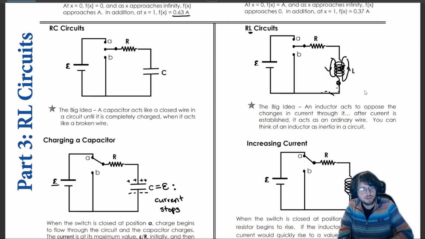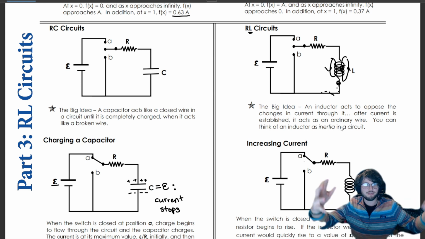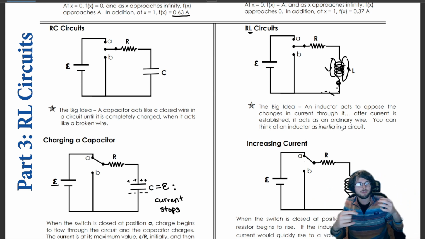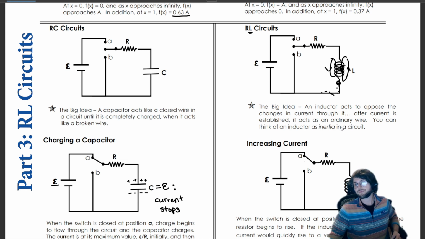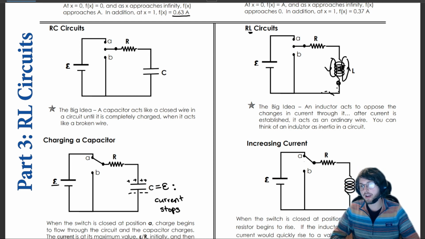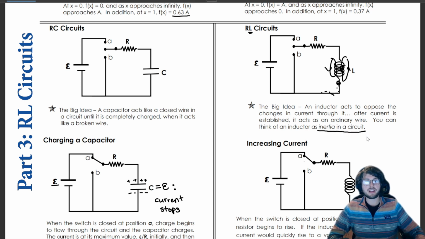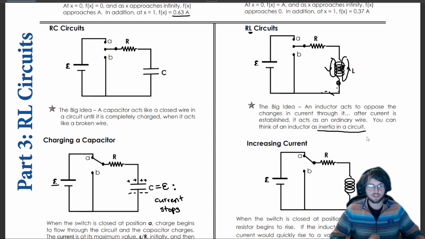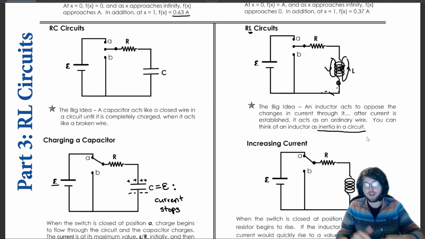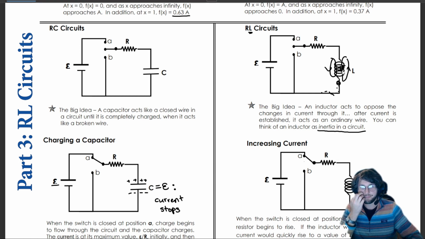Meaning that the inductor is kind of resisting itself in a way. It takes a little bit of time for that magnetic field to fade away. You've kind of introduced this arbitrary flux to the circuit. So that's why we like to think of it as inertia in a circuit. Again, you never can just instantaneously move a heavy object. It's kind of a gradual process to speed it up. That's exactly what's happening here.